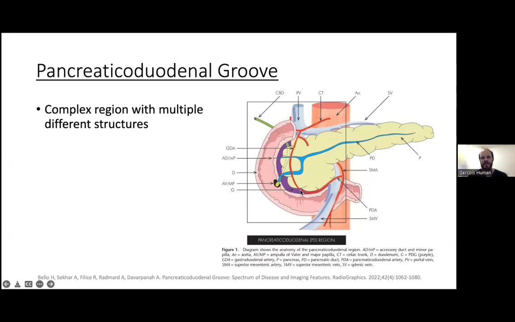In this image, the pancreatic duodenal groove is depicted by this purple area. It is an anatomic space anterior to the anterior pararenal space. It's bordered by the pancreatic head on its medial aspect, the duodenal bulb superiorly, the descending duodenum at its lateral aspect, and the transverse duodenum inferiorly.